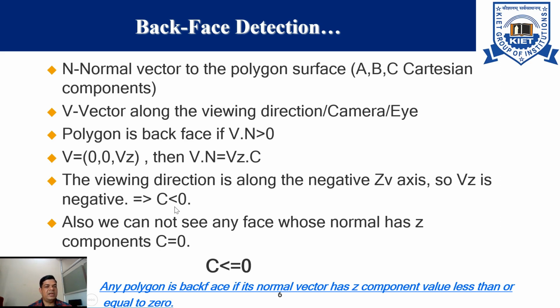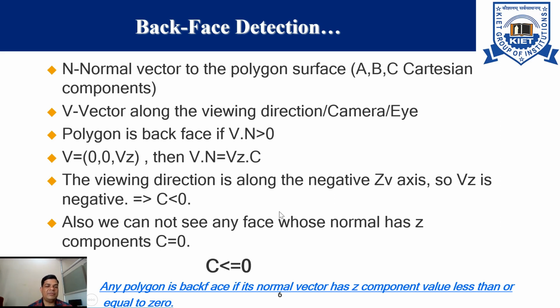So we can say that the value of the coefficient C is less than 0. Also we cannot see any face whose normal has z component C equal to 0. From these two terms we can say that C is less than or equal to 0. That means any polygon is a backface if its normal has a z component value less than or equal to 0.